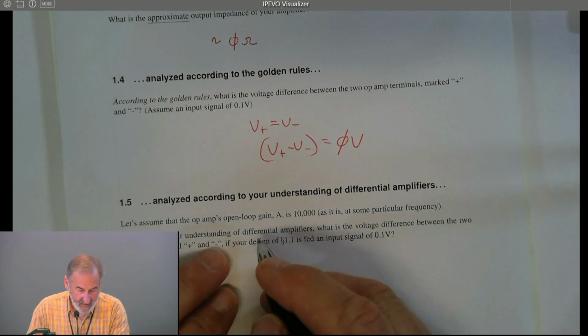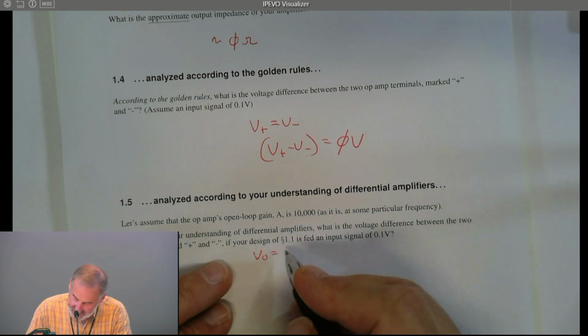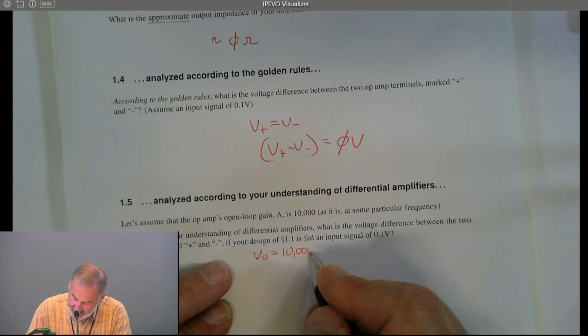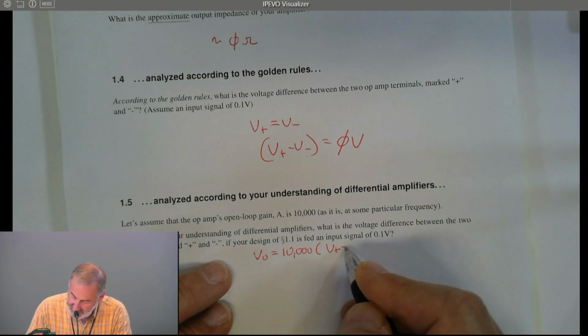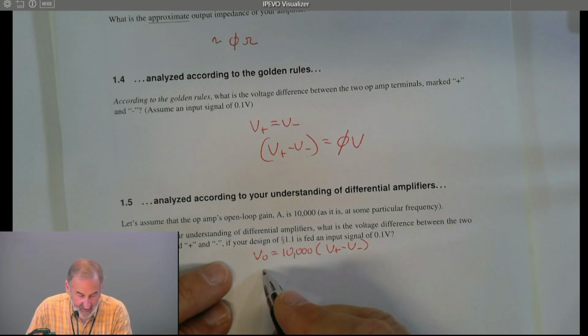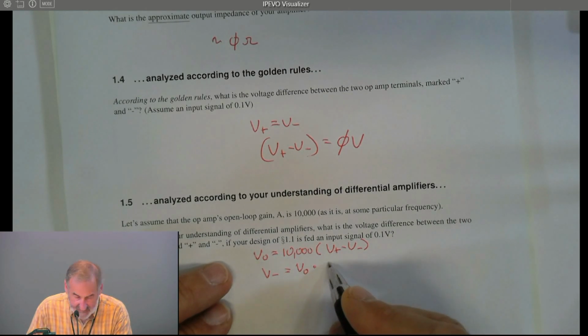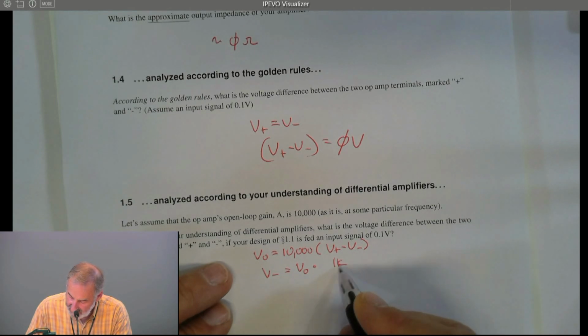So let's go ahead and calculate what that needs to be. We know that V out is equal to the gain of the op amp, in this case pretty low, 10,000, times (V plus minus V minus). But we also know that V minus is equal to V out times 1K over 1K plus 100K.